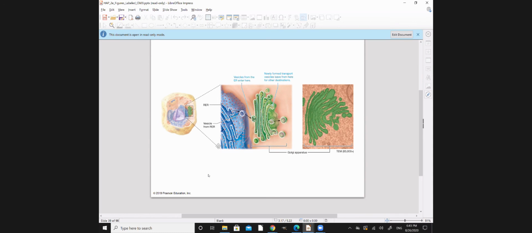The Golgi apparatus mainly secretes from the cell or sends to the lysosomes. What do we transport from the endoplasmic reticulum to the Golgi apparatus? These again are produced proteins and lipids. They get sorted there and further transported throughout the cell or even outside of the cell.